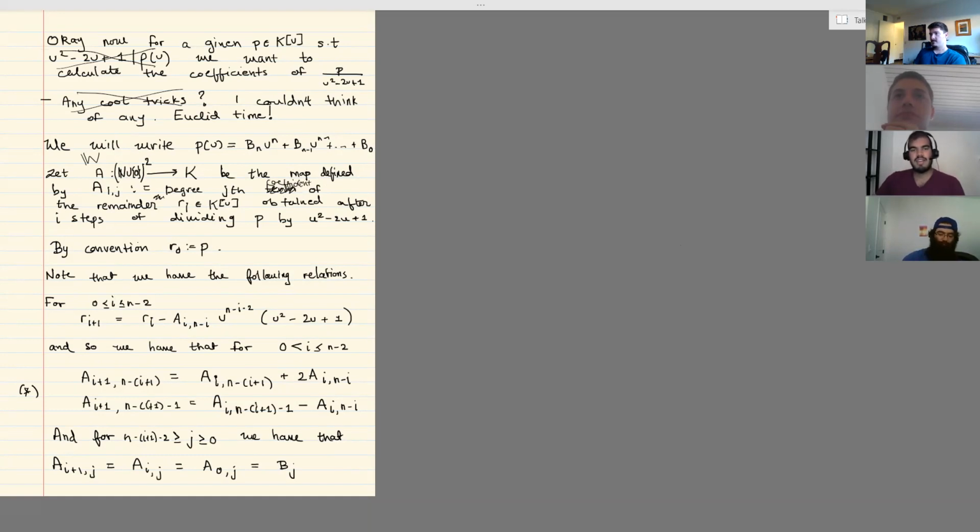So basically, a sub ij is the coefficient in front of x to the j in your remainder after the ith stage. So after the 0th stage of dividing, my remainder is the original polynomial. So r sub 0 is just the original polynomial.